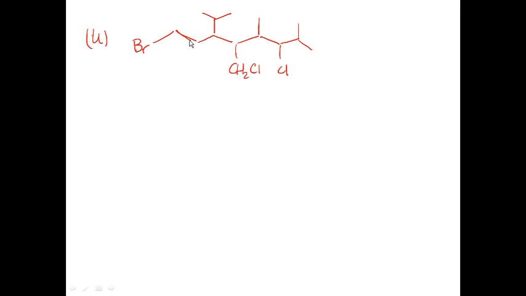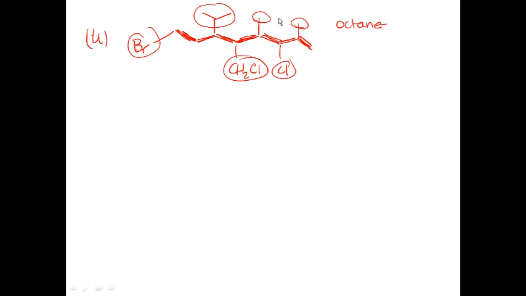The red one, so there's 1, 2, 3, 4, 5, 6, 7, we'll call that 8. So there's my 8 carbon chain. That's an octane chain, and how many substituents does it have off of it? The bromine, the isopropyl, the CH2Cl, methyl, chloro, and methyl. So 1, 2, 3, 4, 5, 6.